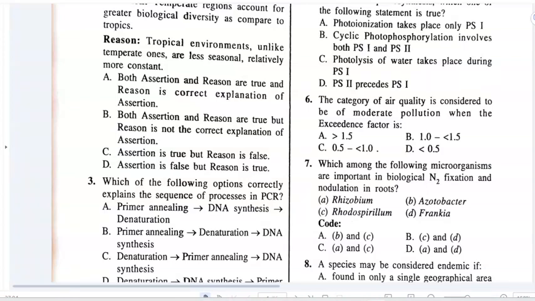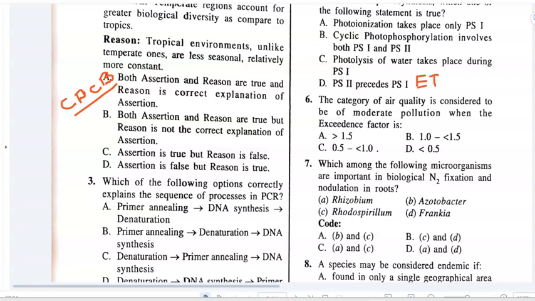In order to evaluate the pollution intensity and air quality status, the exceedance factor method is given by the CPCB, the Central Pollution Control Board. According to them, there is a value EF, the exceedance factor.